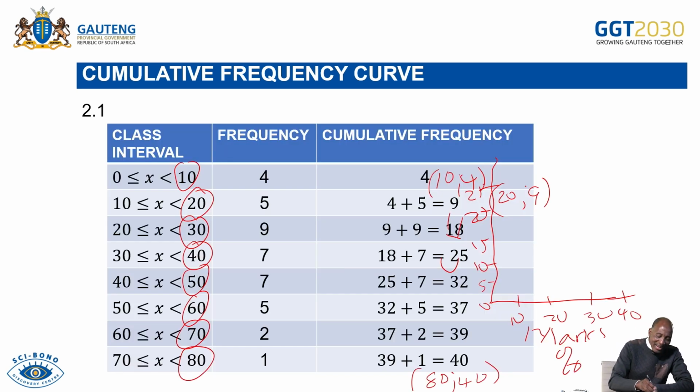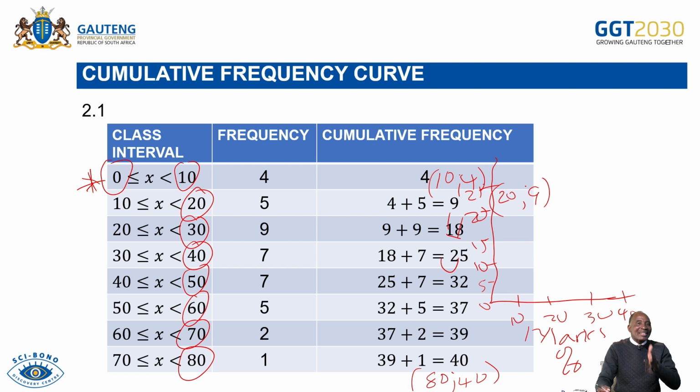The lower limit of the first class is a 0. This is where you ground your cumulative curve. You don't always ground it at 0. It depends on what was your first class. If your first class was 20 to 30, you ground it at 20. If it was 1,000 to 1,500, you ground it at 1,000.